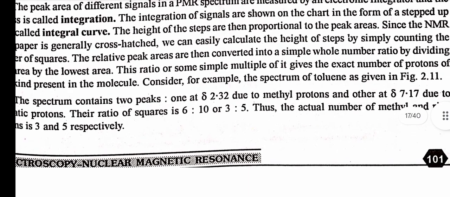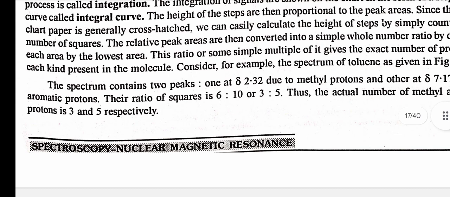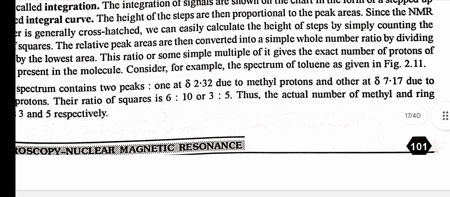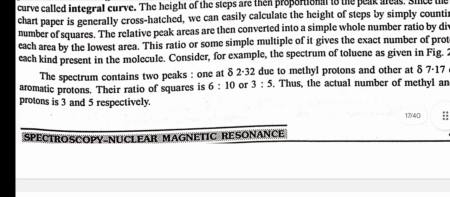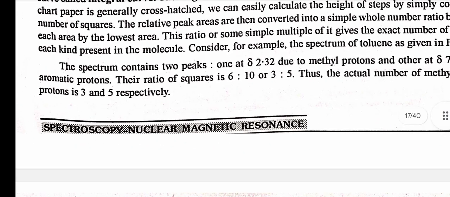Consider for example the spectrum of toluene as given in figure 2.11. The spectrum contains two peaks, one at delta 2.32 due to the methyl protons and the other at delta 7.13 due to aromatic protons. Their ratio of squares is 6 to 10, or 3 to 5. Thus the actual numbers of methyl and ring protons are 3 and 5 respectively.